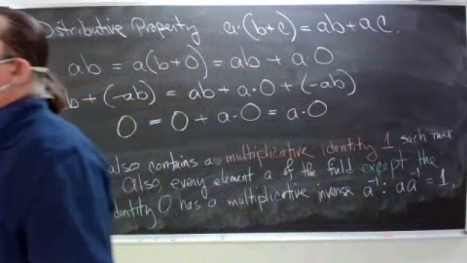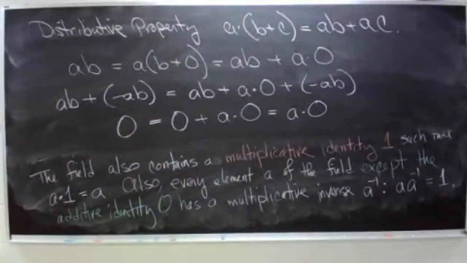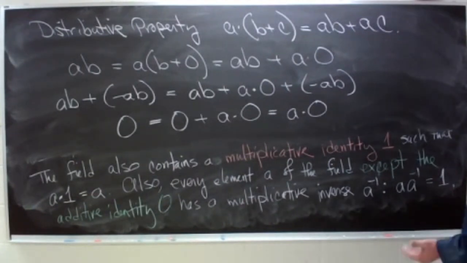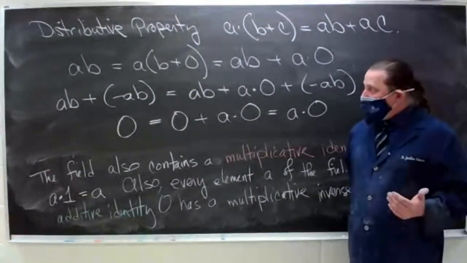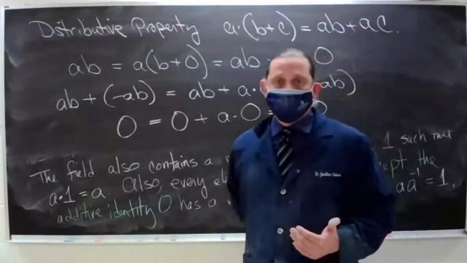All right, and I don't need the same things to establish different properties. Some properties require more, some properties require less. All right? So at any rate, this is a field.